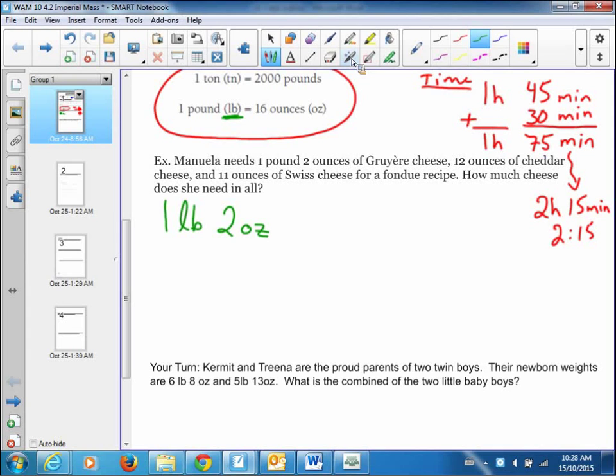So that's this one, of the Gruyere cheese. 12 ounces of the cheddar. So you see where I get 12 ounces of cheddar plus the 11 ounces of the Swiss.